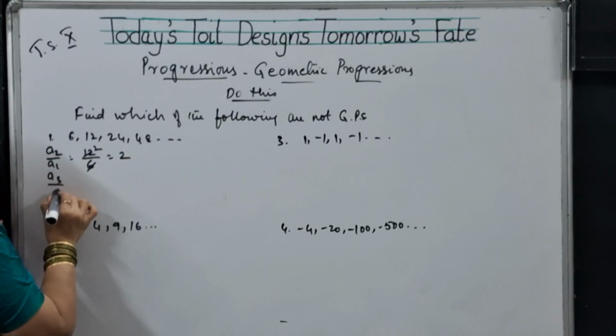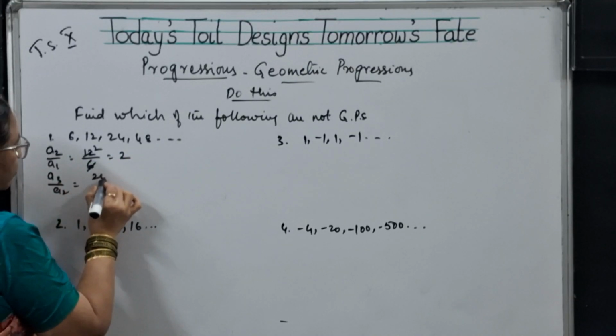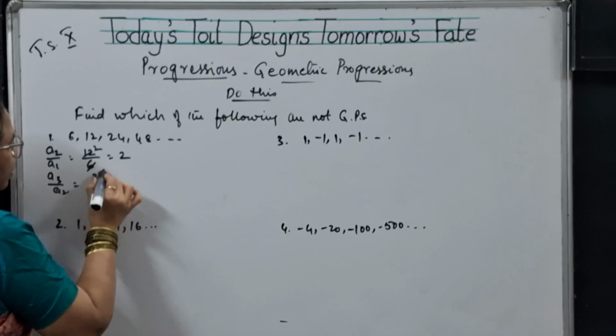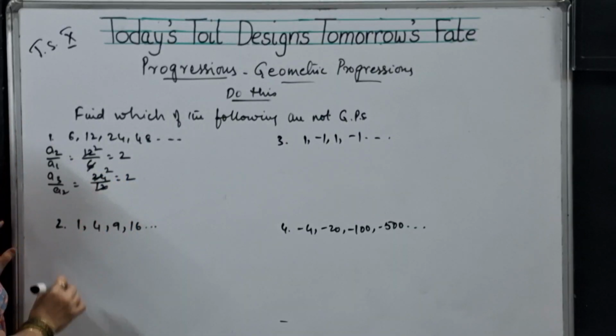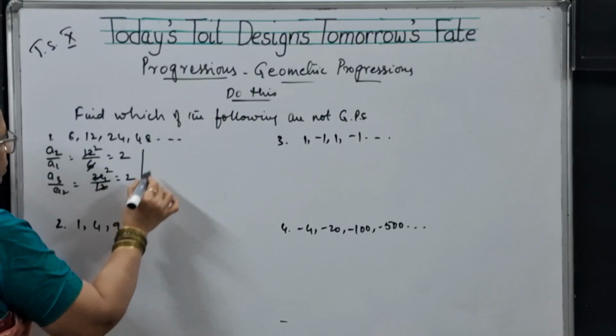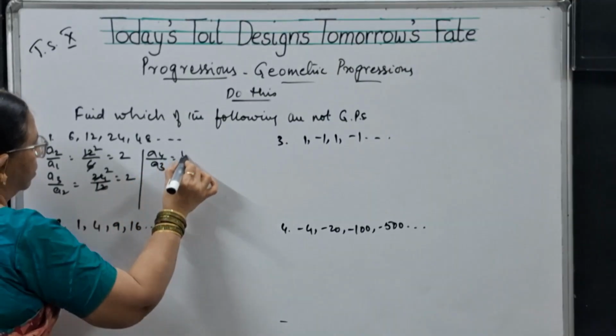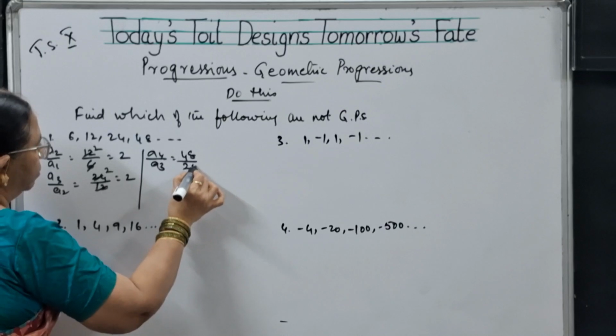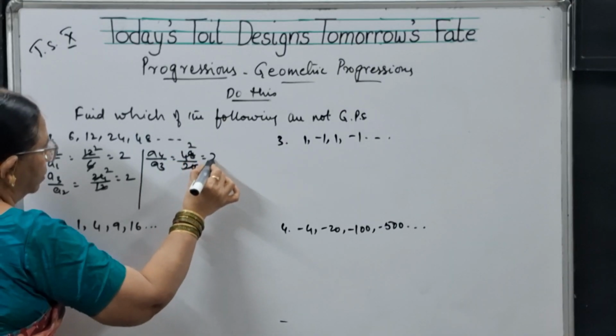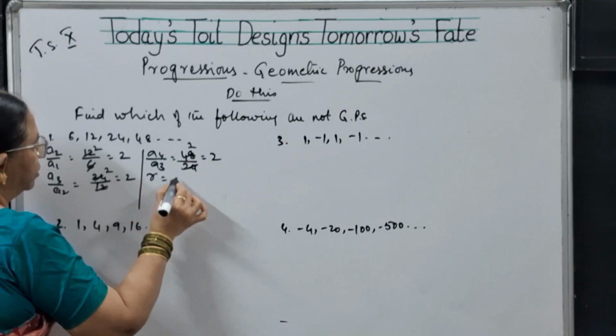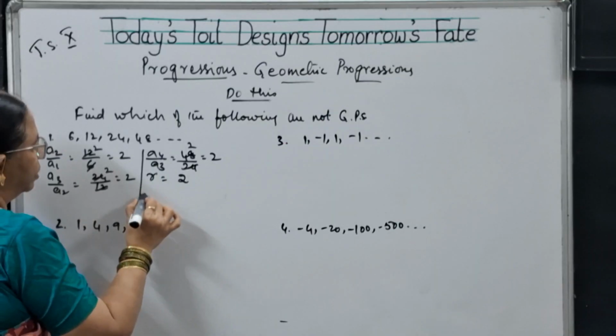And A3 by A2, that is 24 by 12, which is 2. Then you have A4 by A3, it is 48 by 24, which is 2. So we have got common ratio r equal to 2.